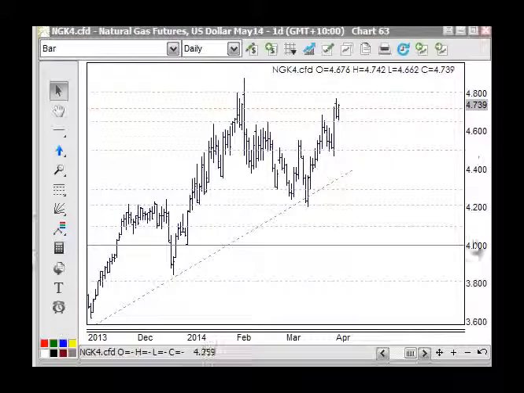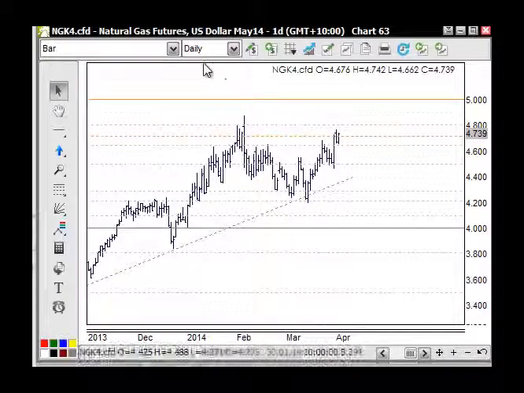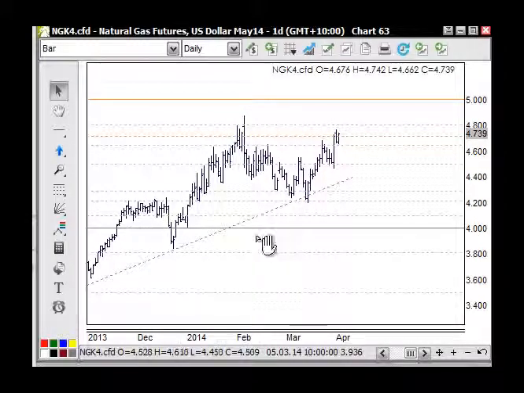The move here on this is the daily chart on a May contract. What we have recognised is that the move down through here is corrective. The contracts before this had touched $5, and the ones before that were above $5.